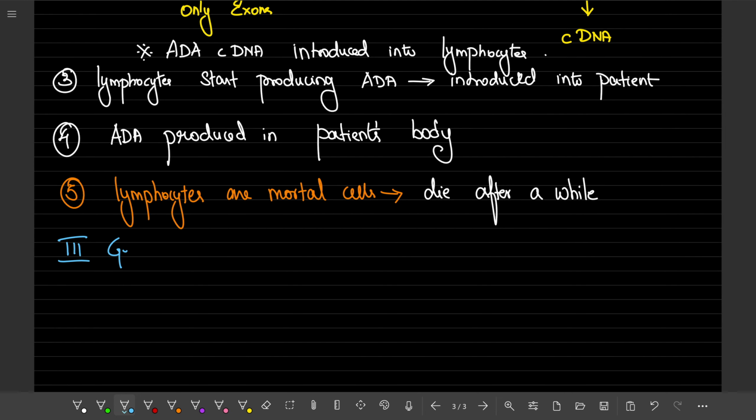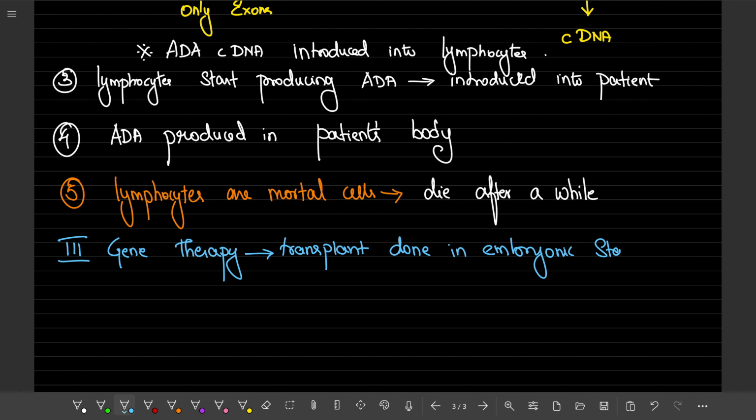So this is, second is bone marrow transplant, and the third step is what? The third way is gene therapy, that is bone marrow transplant done in the embryonic stage.